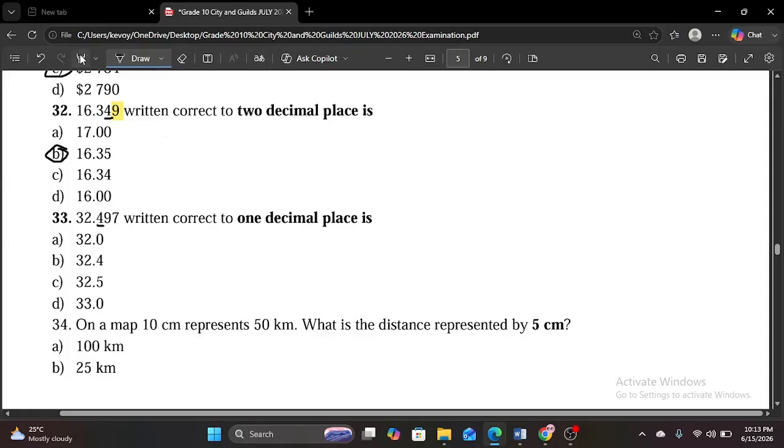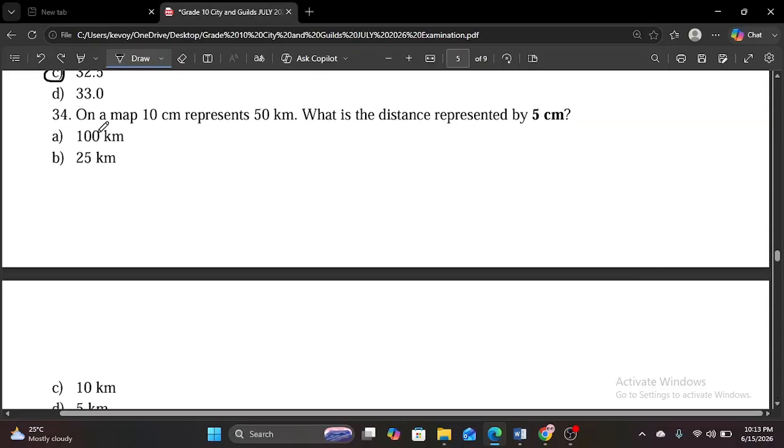So what we're going to do, look at the digit that comes beside it. The digit beside it is 9. So because 9 is greater than 5, we're going to round up. So that answer is going to be 0.5 because 9 is beside the 4. So we have to round that 4 up. And notice for the one decimal place right there, realize there's only one digit after the decimal point. So you identify that.